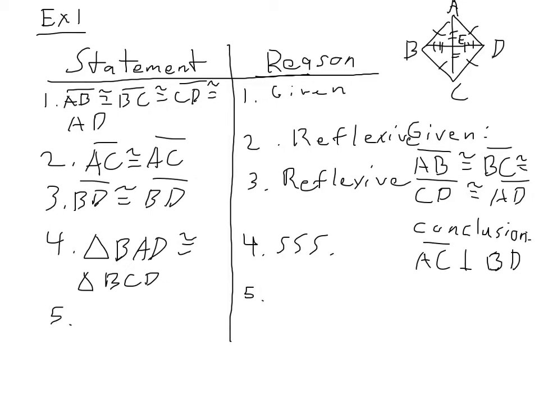And moving on to step 5, we can do the conclusion, which is AC is the bisector of BD, and that is through CPCTC, or congruent parts of congruent triangles are congruent. And that's how you do example 1.